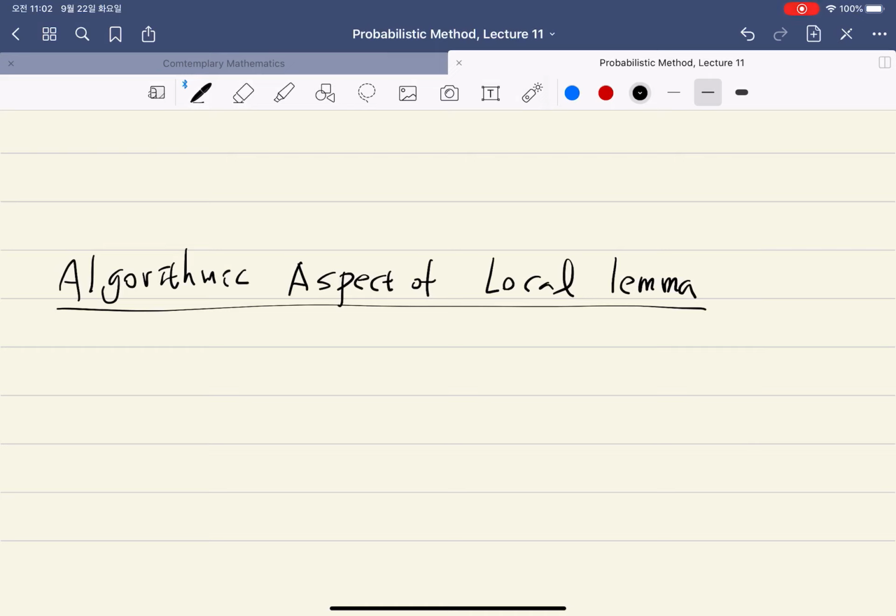Many statements, we prove them using the probabilistic method. In combinatorics, lots of times when you actually prove a theorem, that proof can be turned into an algorithm to deal with a specific instance of a problem.